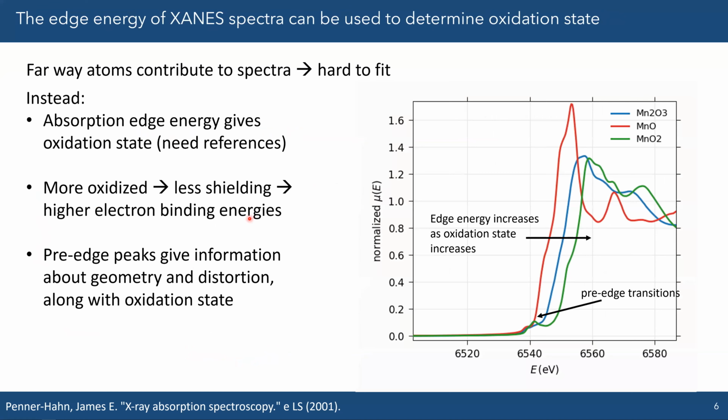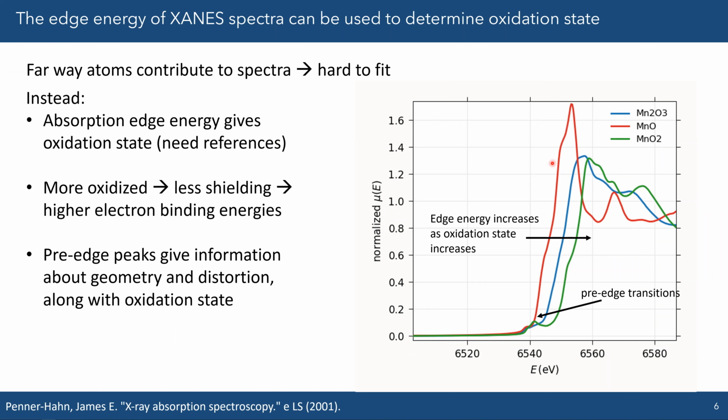Okay, so I'll go over both the XANES and EXAFS, and let's focus first on the XANES, which is again the near edge structure, not the wiggles at higher energy, but the lower energy structure near the edge. The XANES structure has what's called an edge energy, which is the energy where you see this first big rising edge occur.